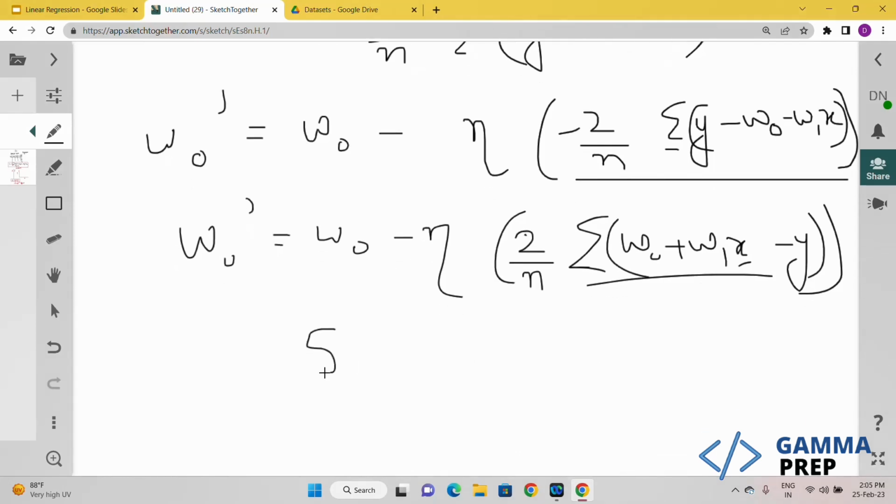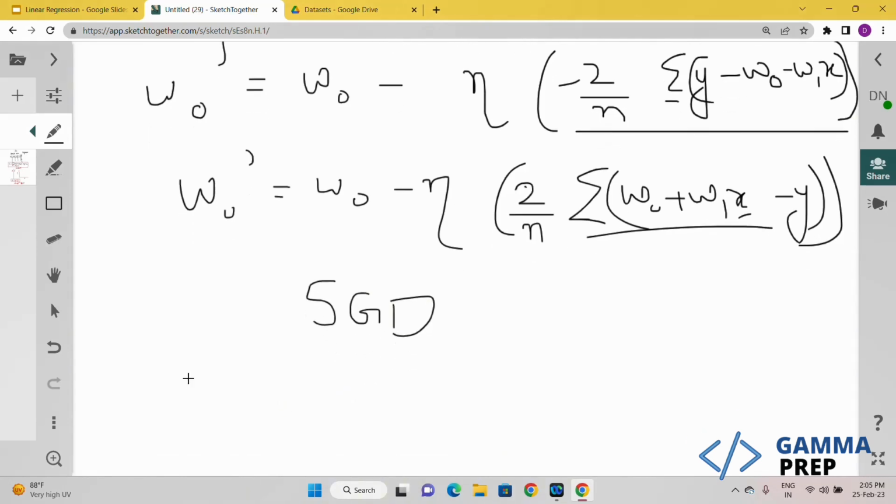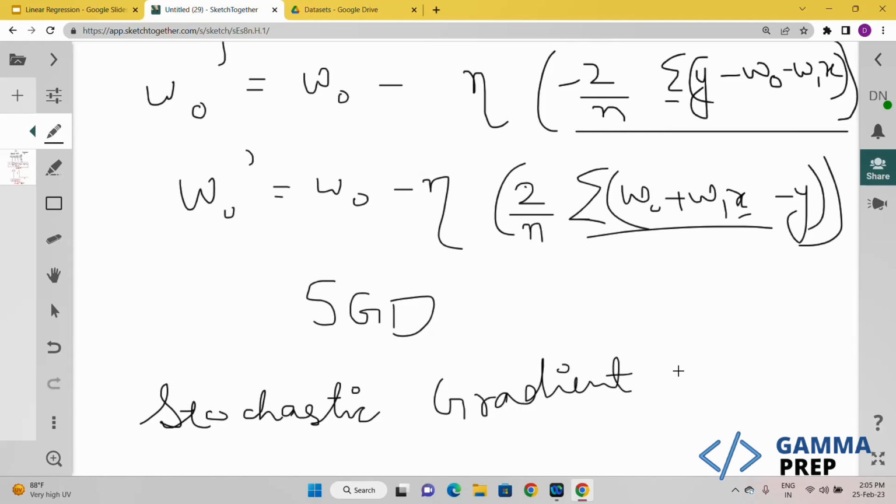So we have something called stochastic gradient descent, which is an optimization over gradient descent in terms of time. Obviously, gradient descent is going to perform better, but stochastic gradient descent is going to help us decrease the time. So instead of doing the summation for all the points of the training data, just randomly pick a point.